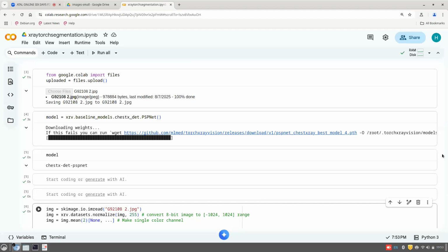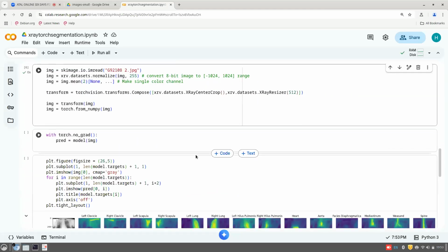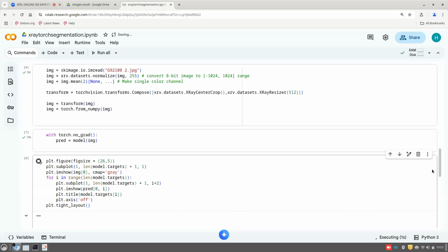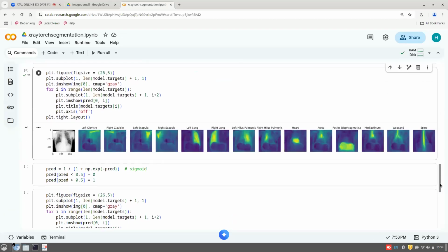Then I will first normalize the image, resize to 512 because this model accepts 512 cross 512 images, and do the prediction. So the prediction output will be X-ray images with heat maps.